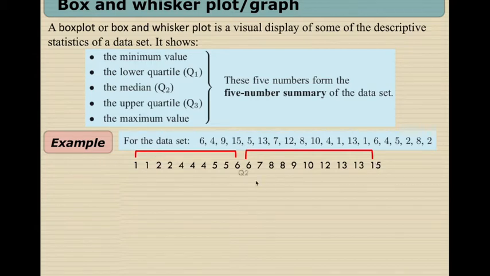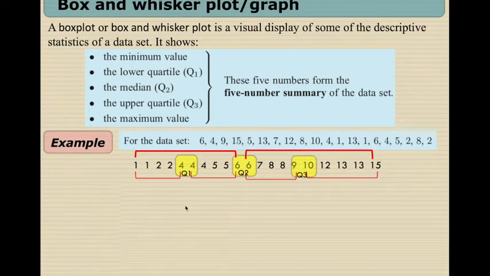Yeah, and that is equal to 6. And looking at the lower half of the data, you divide it equally to find the lower quartile, which is 4, and you do the same thing to the upper half of the data to find the upper quartile.